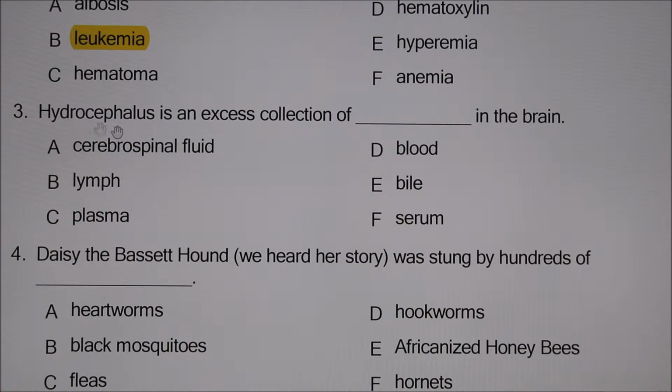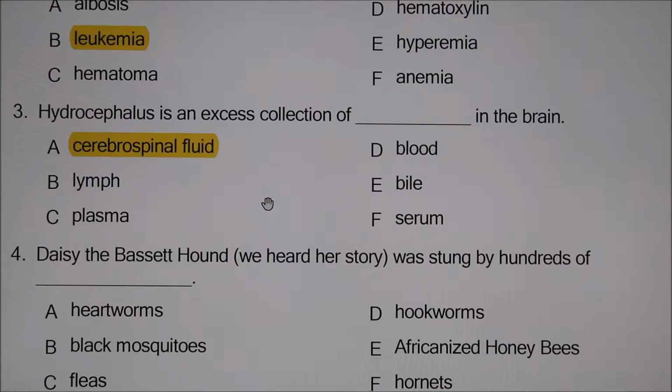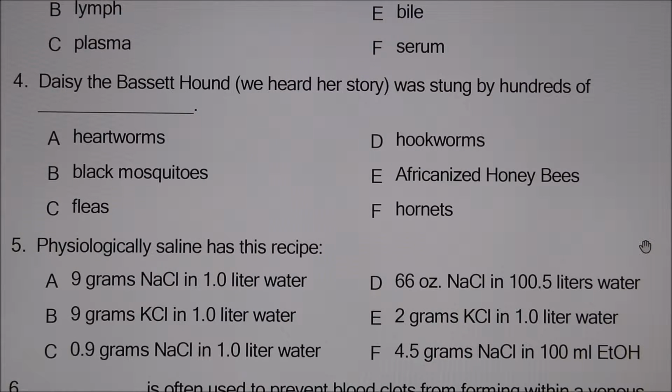Hydrocephalus, that's water on the brain, is an excess collection of, well, it ends up being cerebrospinal fluid. I think a lot of people got that right. It was in our material that we learned. Number 4, Daisy, the beautiful story of Victoria's basset hound that was stung by Africanized honeybees.